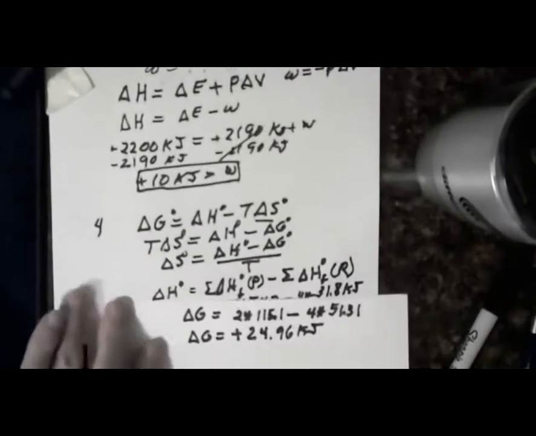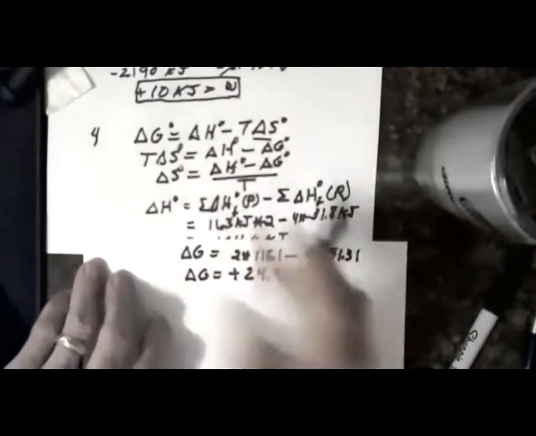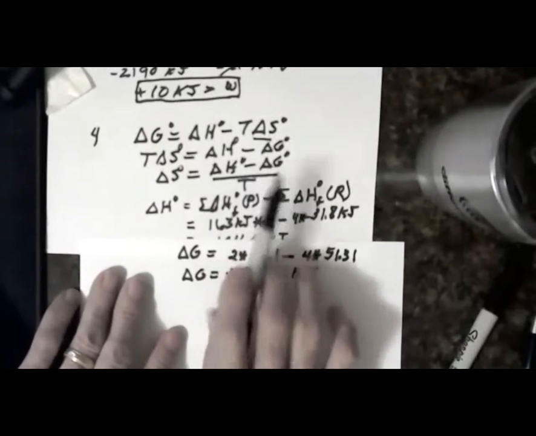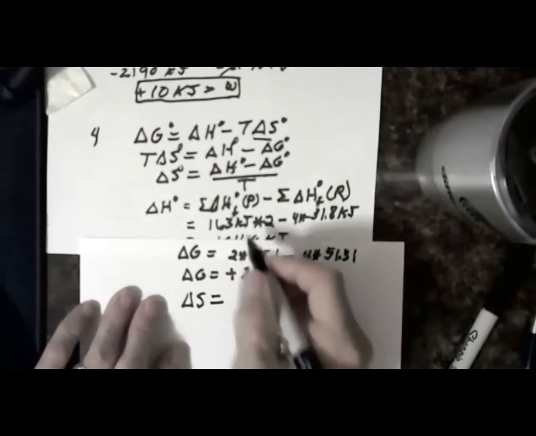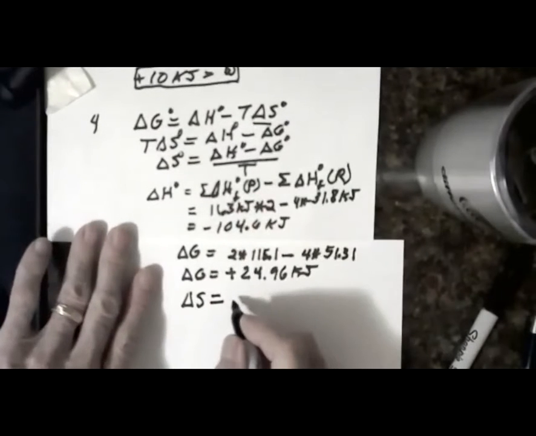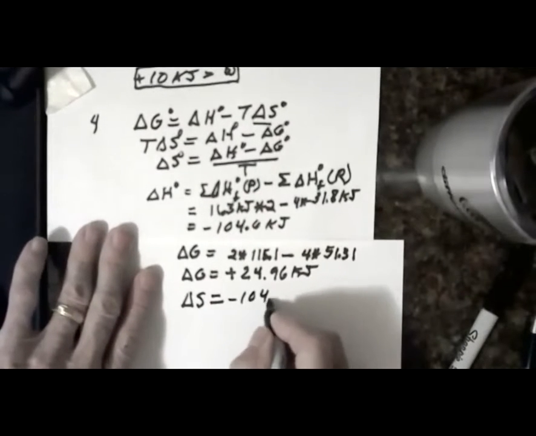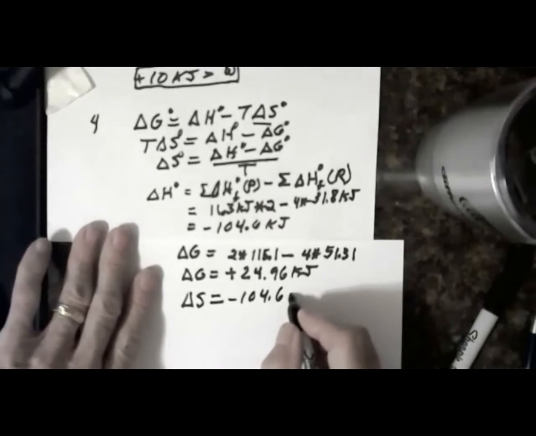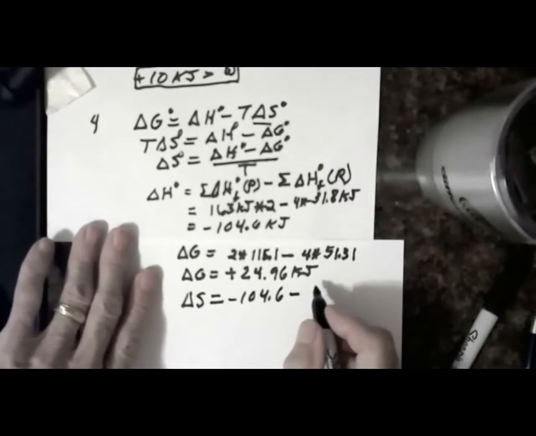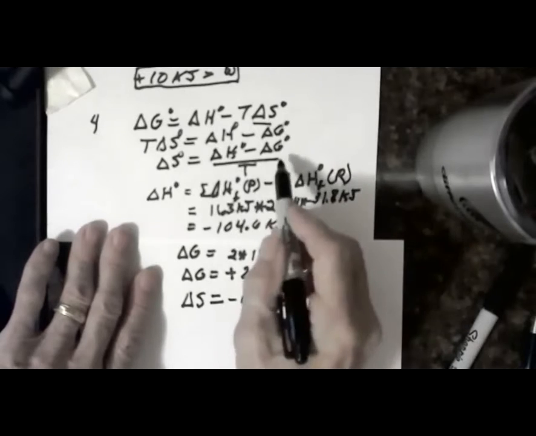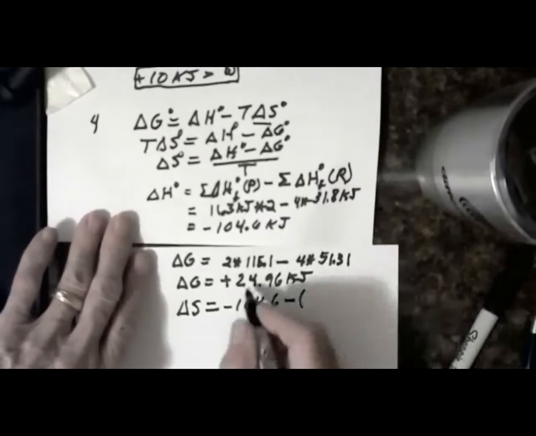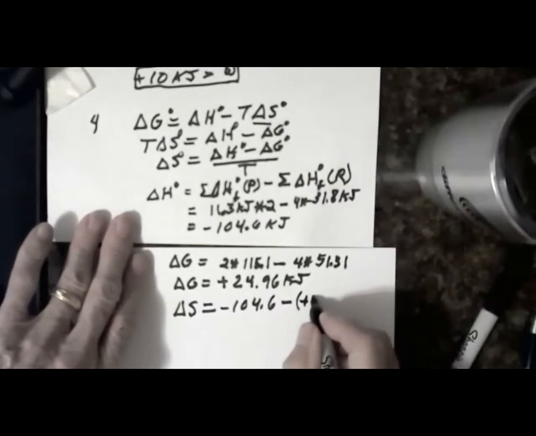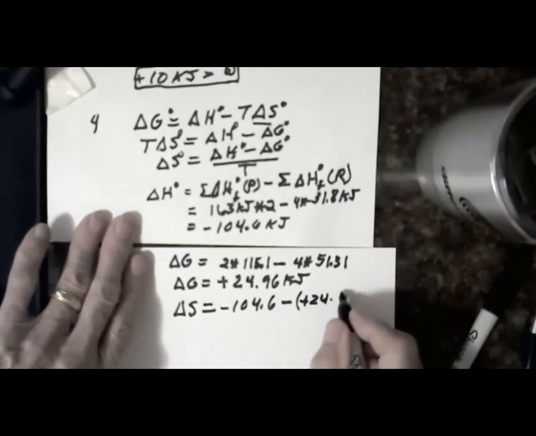So now, to go back to what we were going to do, we're going to calculate delta S from delta H minus delta G. So delta S is delta H, which we got up here as minus 104.6, minus delta G, which we got to be plus 24.96.